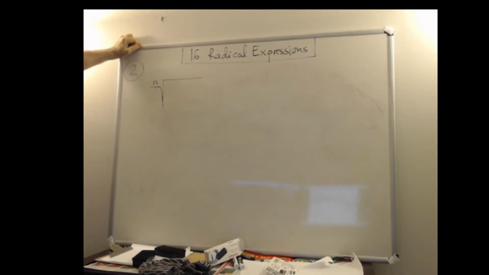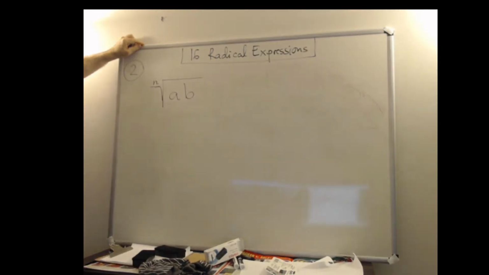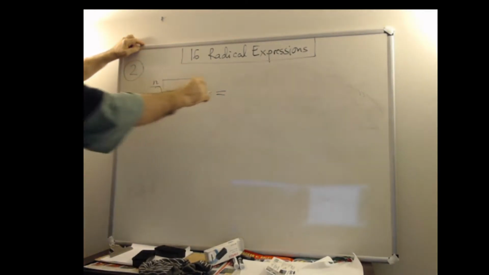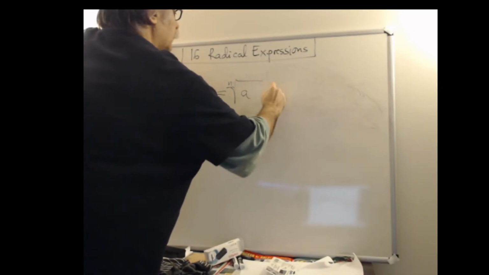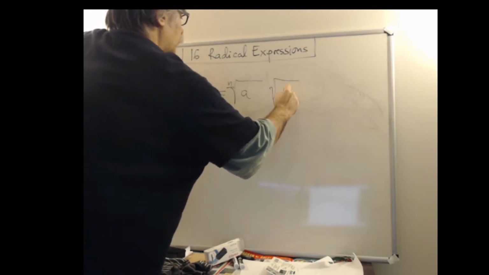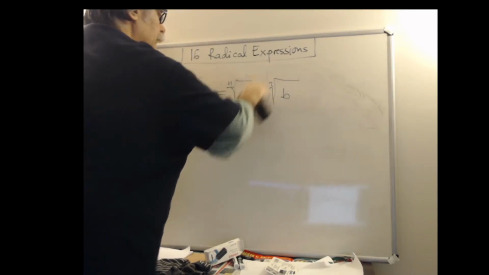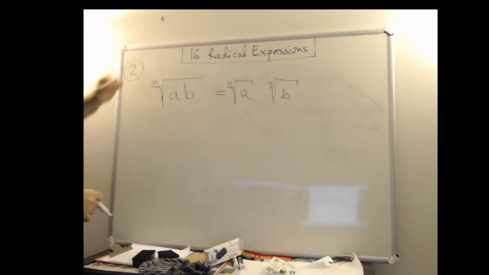You take a radical, which is square root of anything, and you have two factors like a and b. You can distribute the radical onto the first one and then onto the second one, and then you can multiply. This is the scope of radical. Some people write it like that to make sure that you know exactly where it ends.